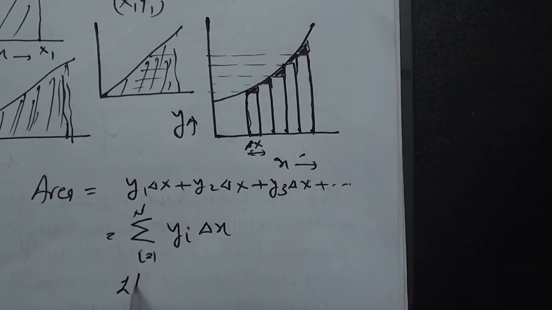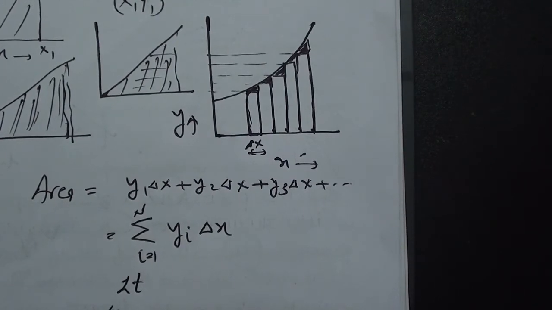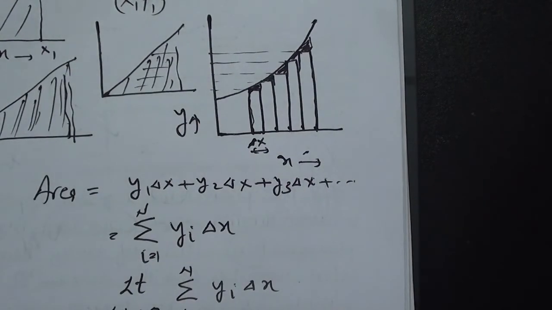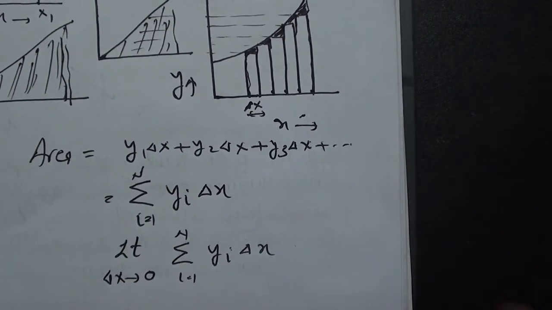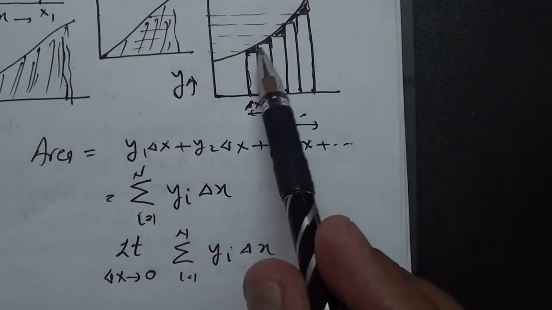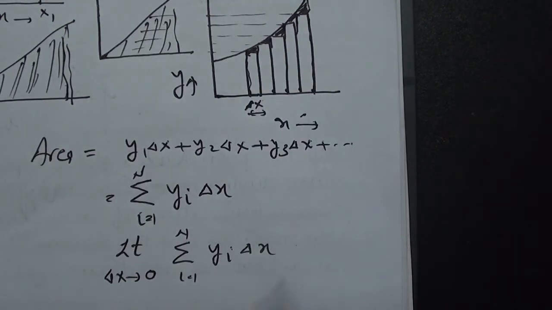We write limit del x tends to 0, summation yi del x and i varies from 1 to n. This is how we will calculate this value. And we can have this approach here and we can find out the value of y as a function of x and then substitute here and find out this value. And eventually at the last step we can substitute del x as 0. We will get some value.